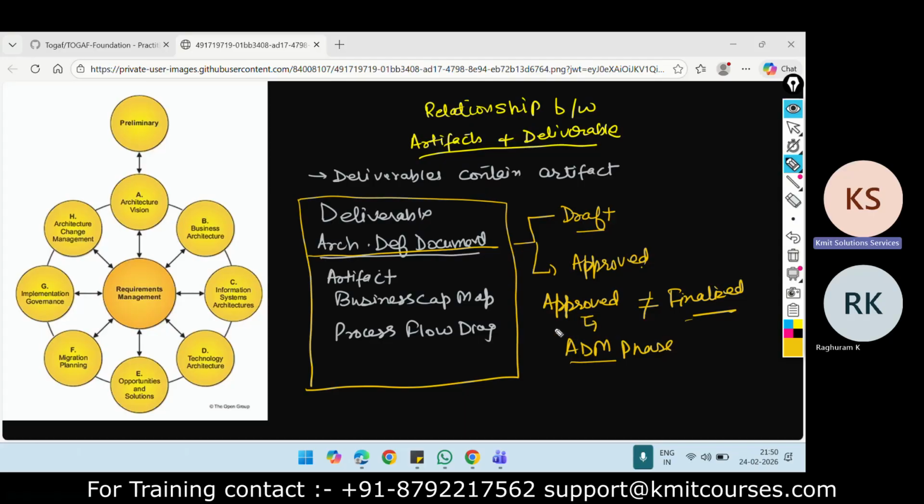Otherwise it is finalized, which is not necessarily approved. So this is the relationship between artifacts and deliverables.